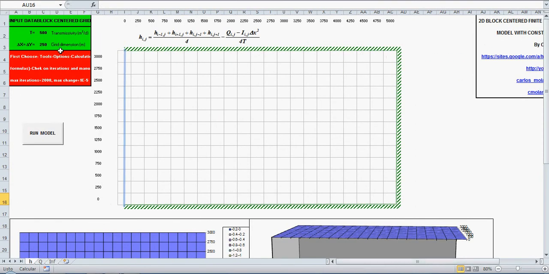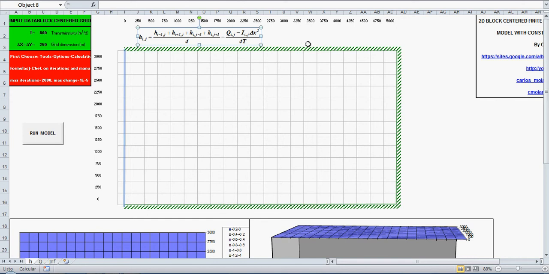Let's begin by choosing the iterative option of Excel, the input data, transmissivity and grid dimensions, and our finite difference equation that applies to all the flow domain. This is our very simple model, and it applies except for the boundaries.